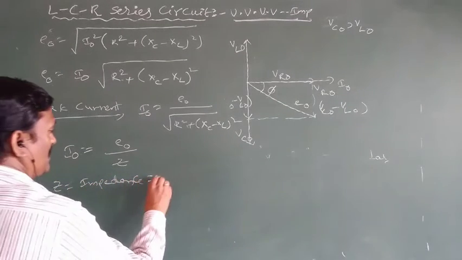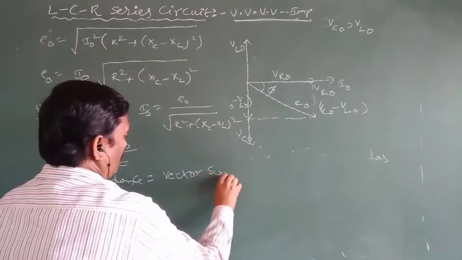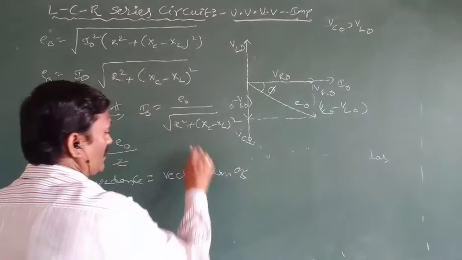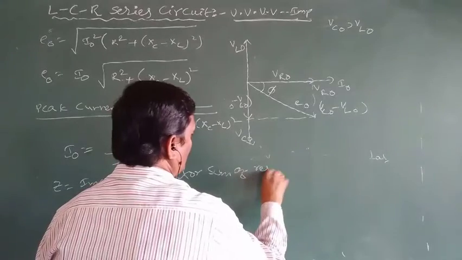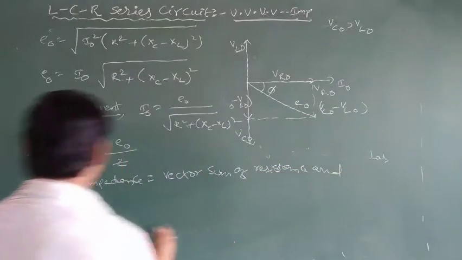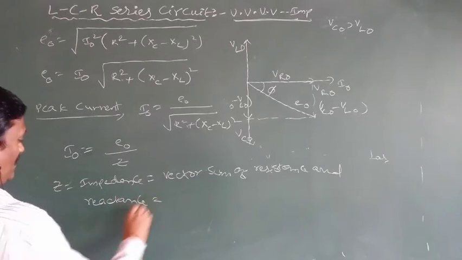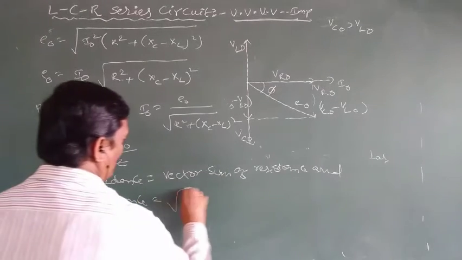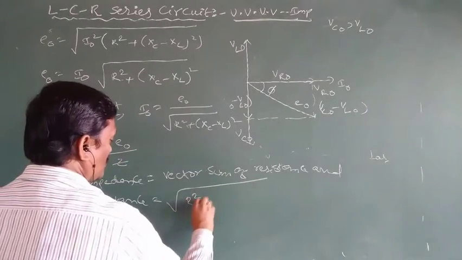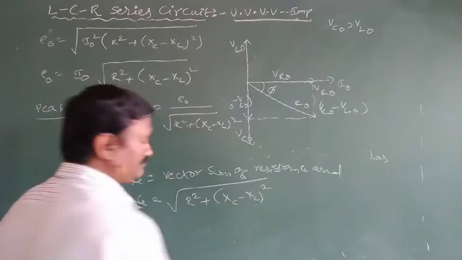Impedance means the vector sum of resistance and reactance. The expression for impedance is square root of R square plus (XC minus XL) whole square.